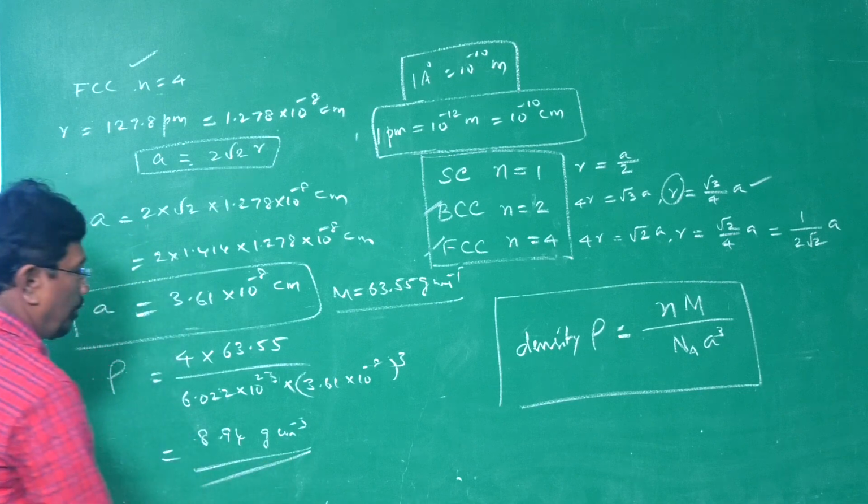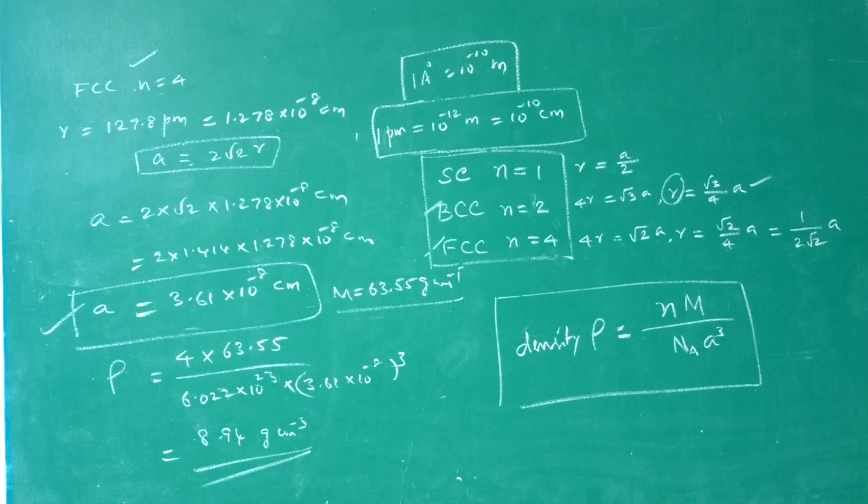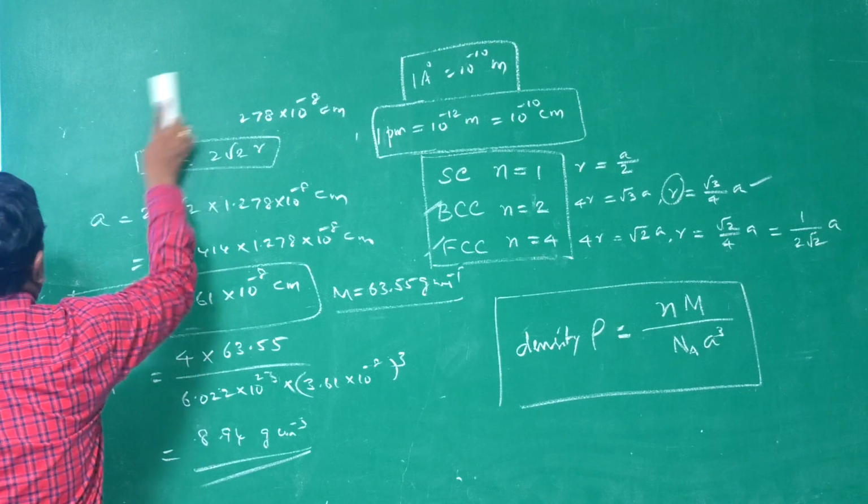In this way, based on density, they can ask sums. And let me go into the first sum in the exercise, which is a different kind, based on defect in crystal. We have seen FeO. Likewise, here they have given NiO.